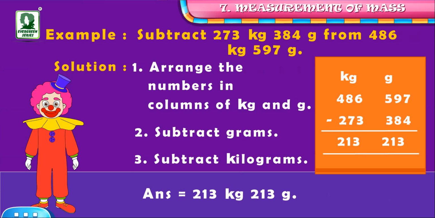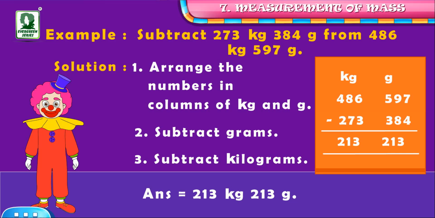Subtract 273 kg 384 g from 486 kg 597 g. Solution. Step 1. Arrange the numbers in the columns of kg and g. Step 2.